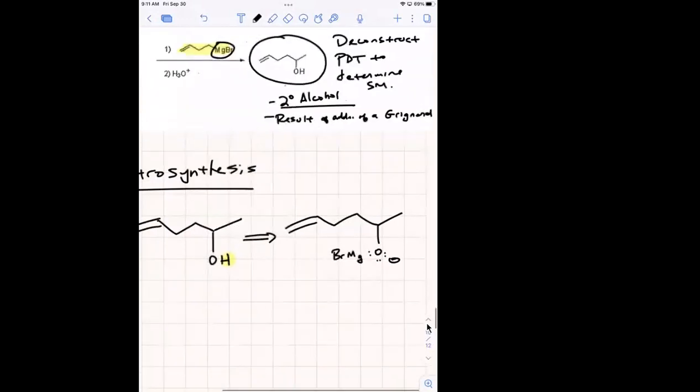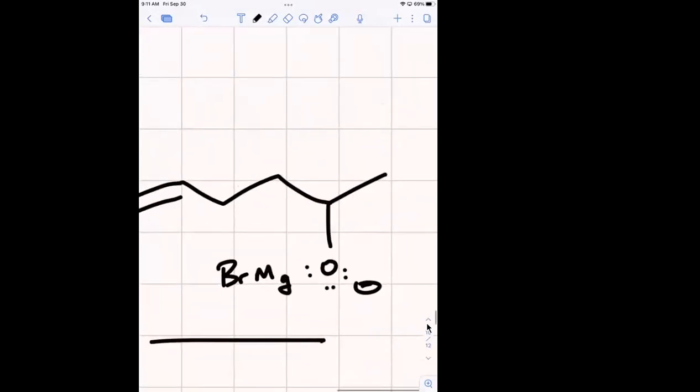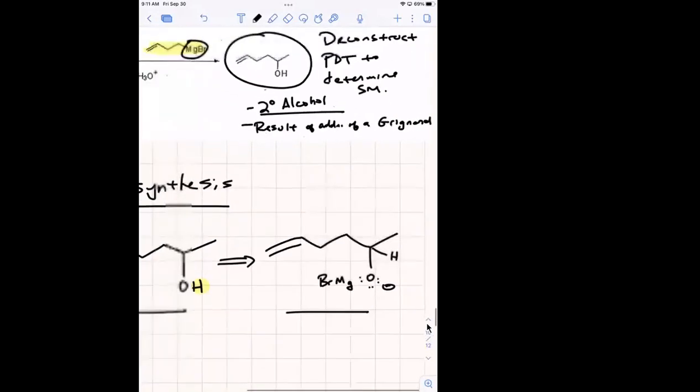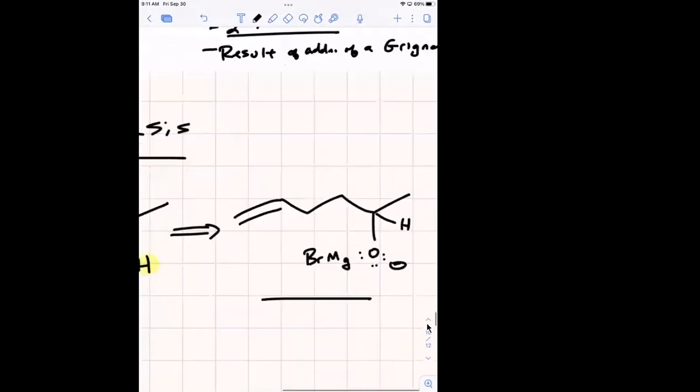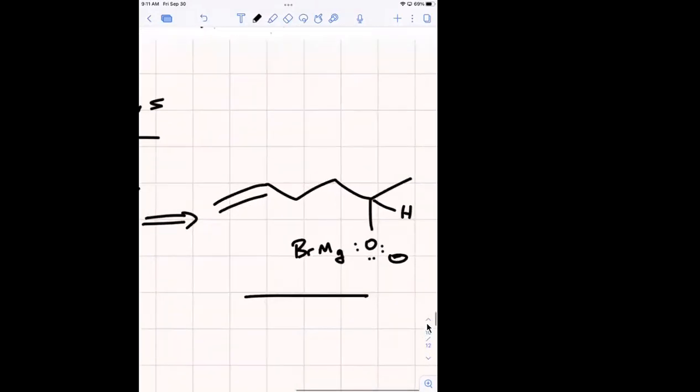All right, now what do we do going from here to here? What is this? Let me put the hydrogen in, and then maybe that'll help it make more sense. We're just working backwards through the addition. What is this species right here in any Grignard addition? What do we call that? Anybody?